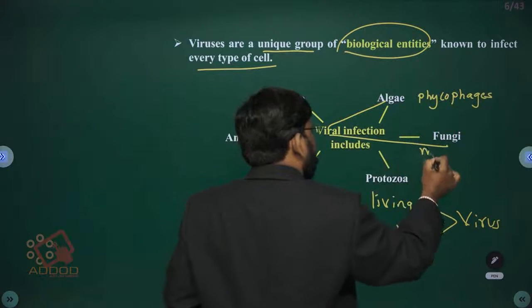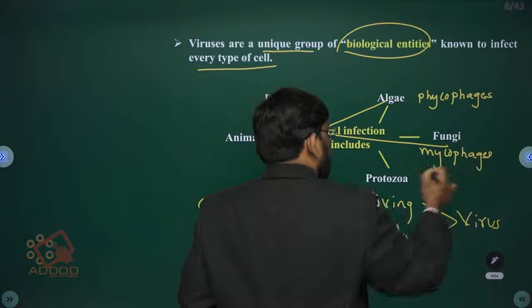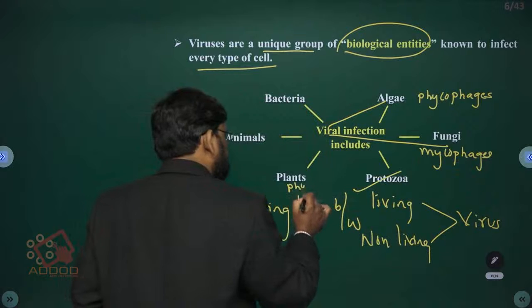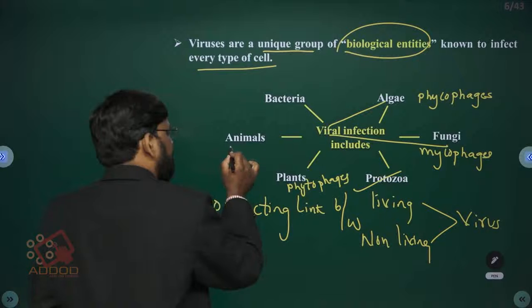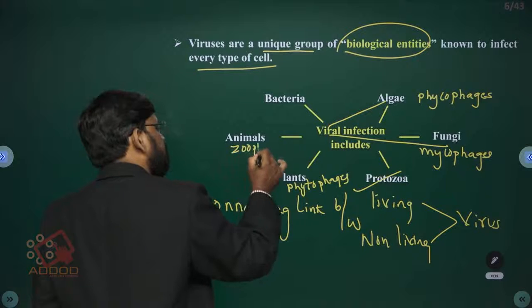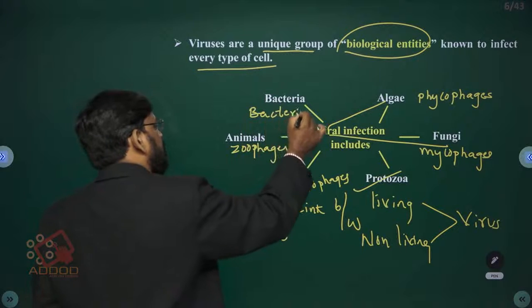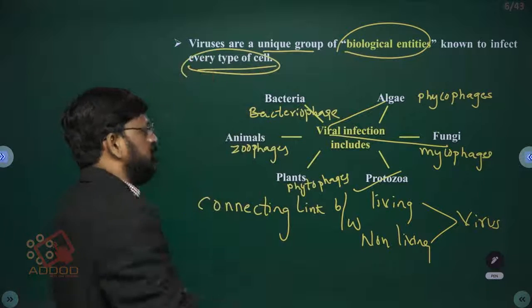When it attacks fungi, we call them mycophages. It can attack protozoans and plants; then we call them phytophages. Then it can attack animals; we call them zoophages. It can attack bacteria; we call them bacteriophages. That means it can attack every type of cell.